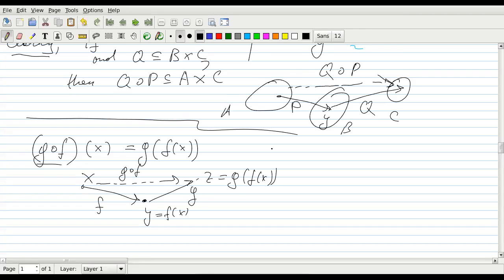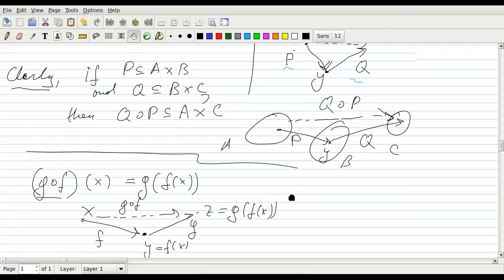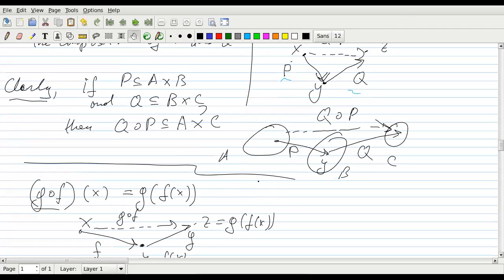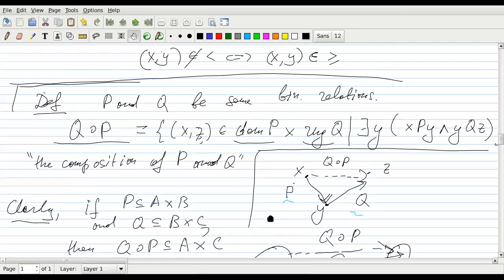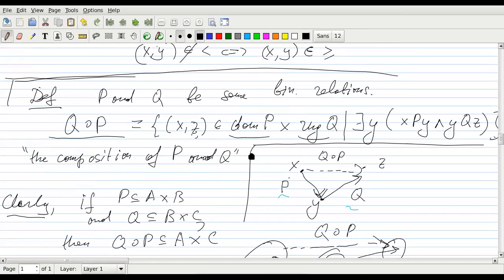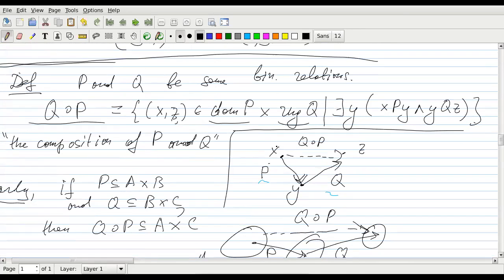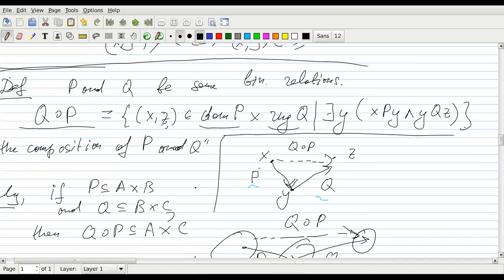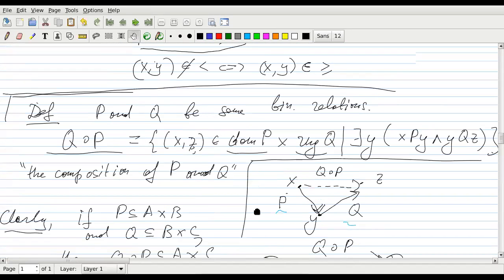Is it clear? So we want to be in a good accord with the composition of functions, as we shall soon realize that a function is a binary relation of some special form. Nothing else than that. Okay.